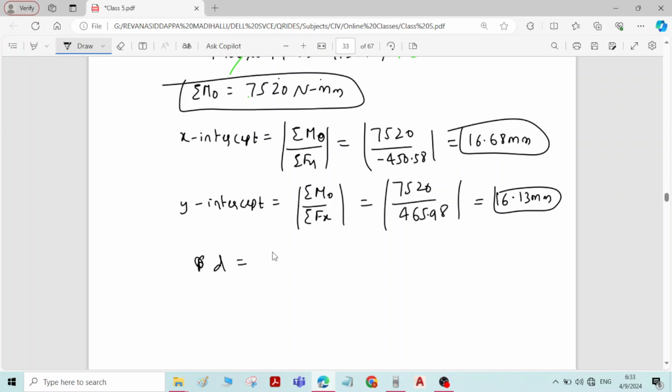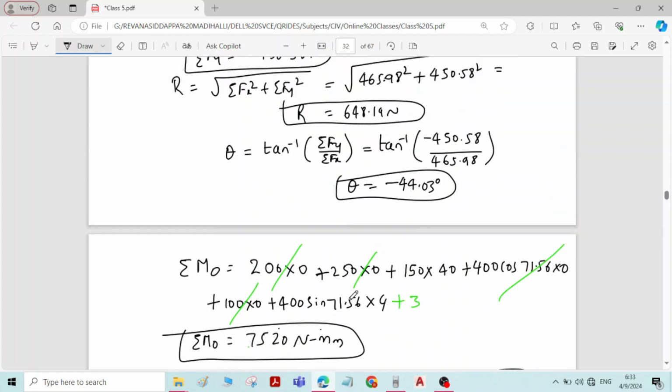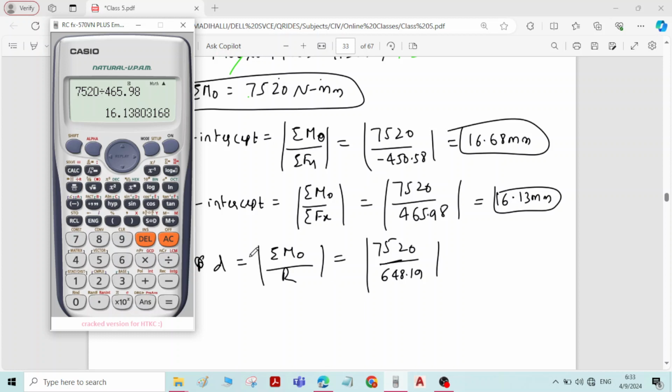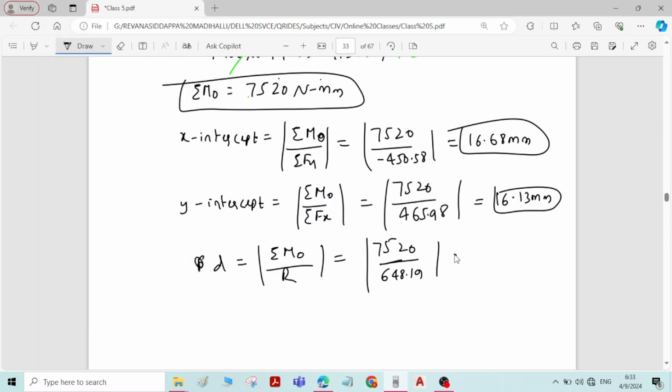Then D is equal to sigma M naught divided by R. 7520 divided by, what is the magnitude of the resultant force we got? 648.19. 7520 divided by 648.19 is 11.60 millimeters.